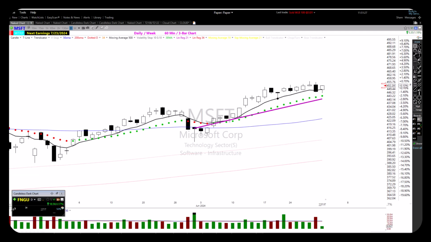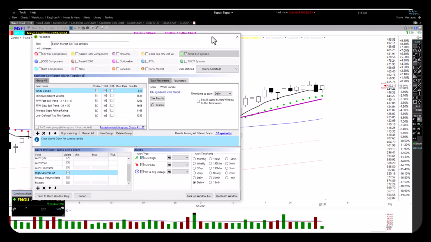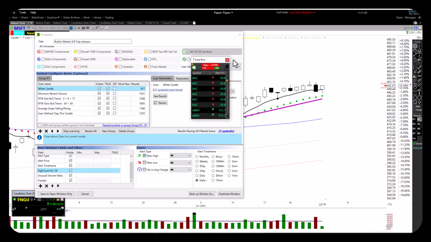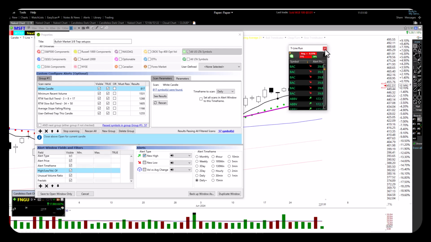Okay, so I'm going to share with you. Let me pull this over. Okay, so if you're ready to go, too many variations of the 3/8 trap. So we'll cover this, and then it's going to be up to you to come up to that little X and close all the others out. And that's going to be up to you. I can't do that.